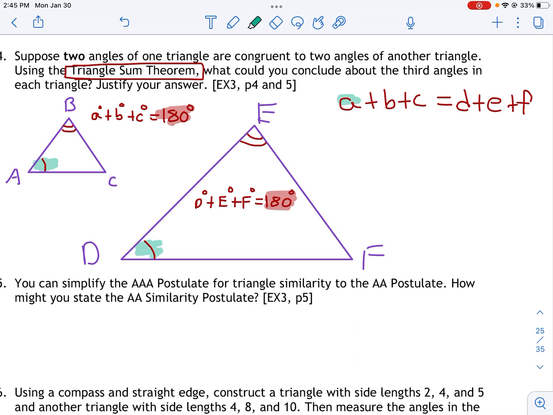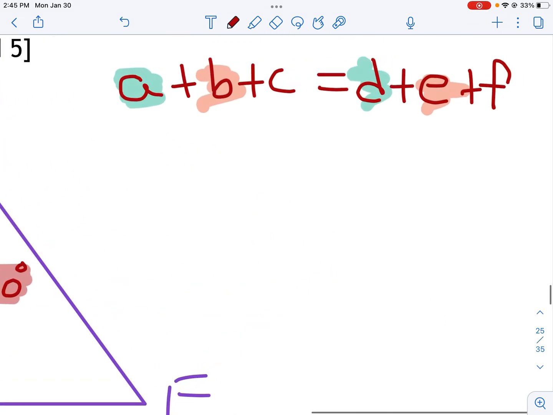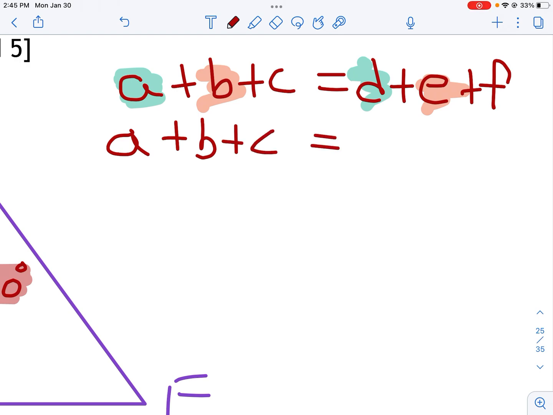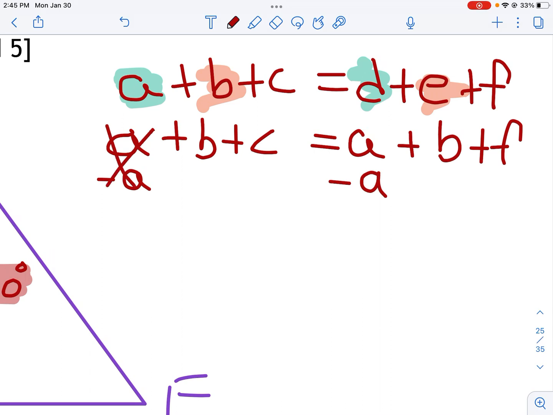Now from here, I'm going to highlight as I go, we know that A and D are the same. So what can we say about A and D? They're the same thing. We can also talk about B and E. B and E are the same thing. So what I can do is some substitution, right? I can still do A plus B plus C, but instead of D, E, and F, since D is the same as A, I'm going to put an A plus, instead of an E, I'm going to put a B plus F. And now from here, I can just solve this.